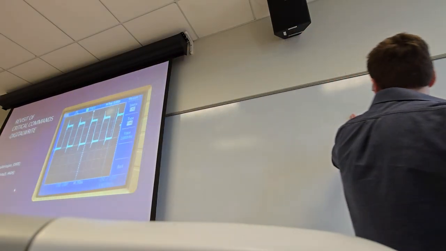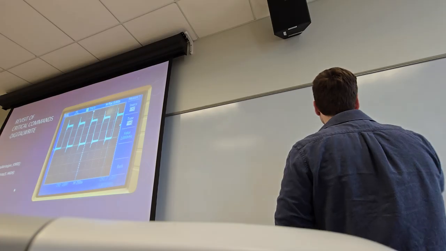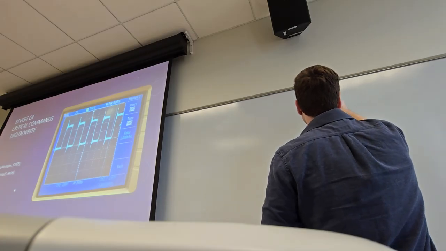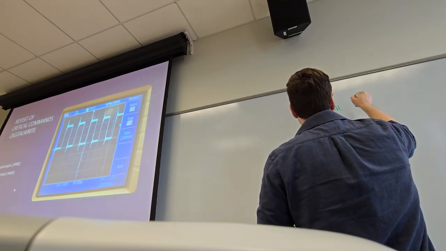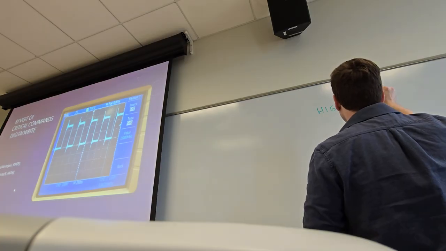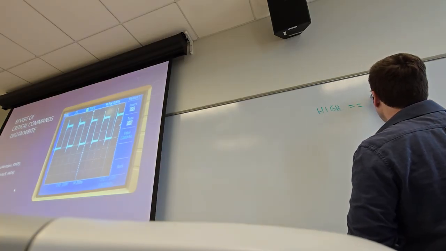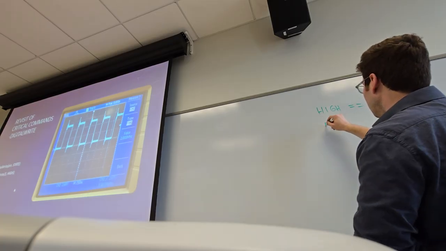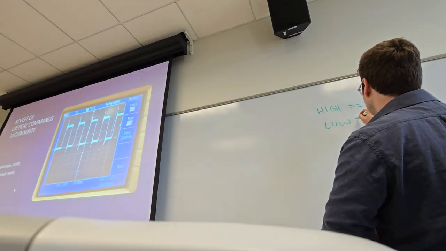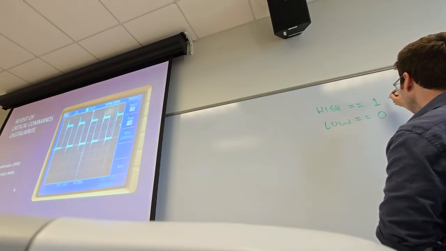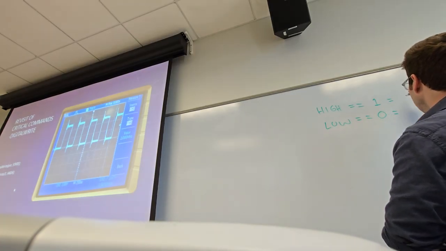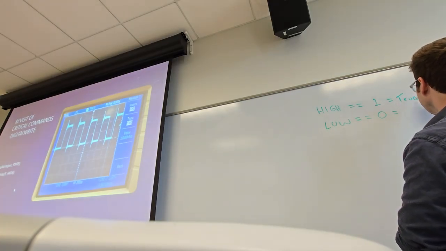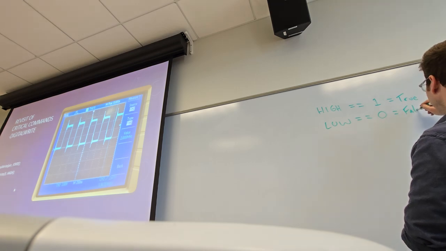I should have expounded on this in the presentation, but I should note that in Arduino, HIGH is literally defined, it equals 1, the number 1, okay? Just like LOW equals 0. You could use them interchangeably. You could also write true or false.